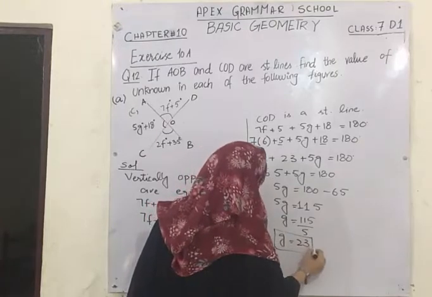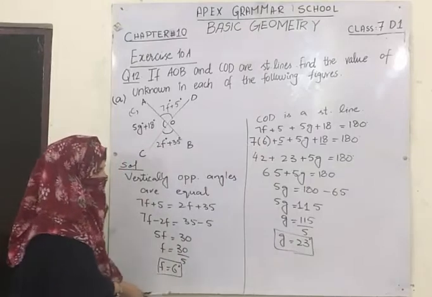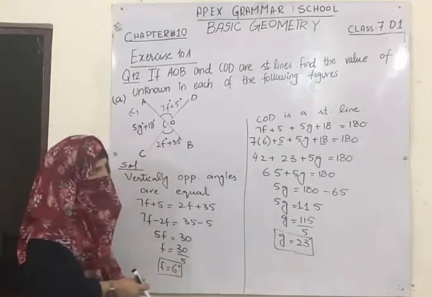After division, you get the value of g to be 23. The value of f is 6 and the value of g is 23 degrees.